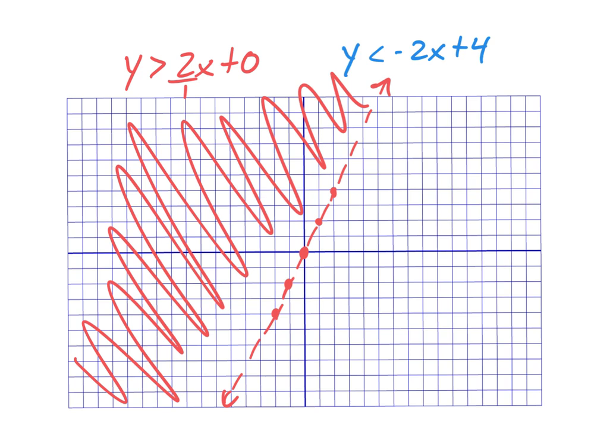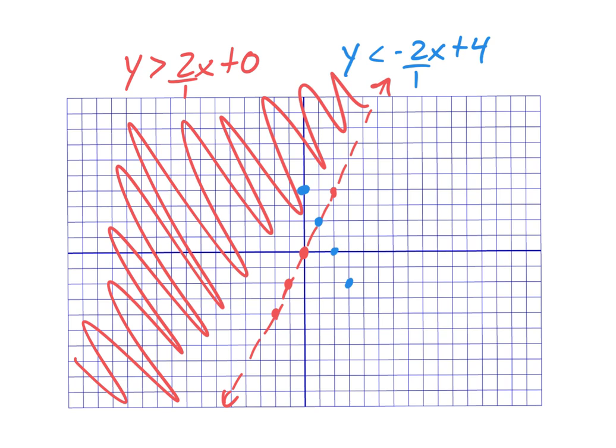Okay, negative 2x plus 4 is the second one. We're going to go up 4. Make a point. My slope is negative 2 over 1. So we're going to go down 2, right 1. And one thing to point out here too is we don't really care about the intersection point like we did early in the chapter.